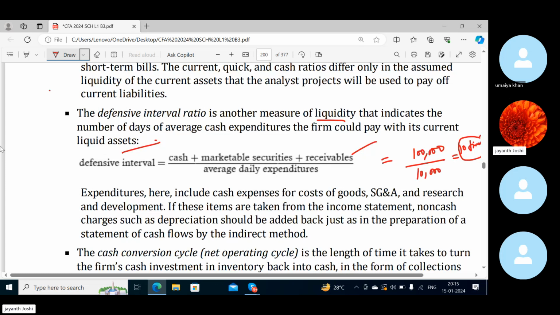If I see it in terms of days, I have 36.5 days' worth of funds with which I can meet 36 days' worth of expenses.